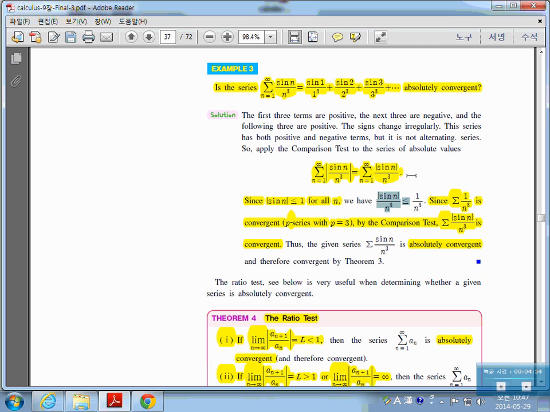But the summation of this one converges by the p-series test, so the summation of the absolute values of the a_n terms also converges. So the original series is absolutely convergent.